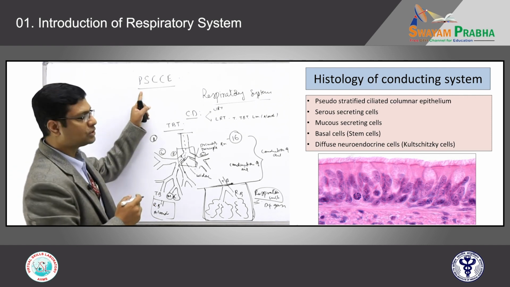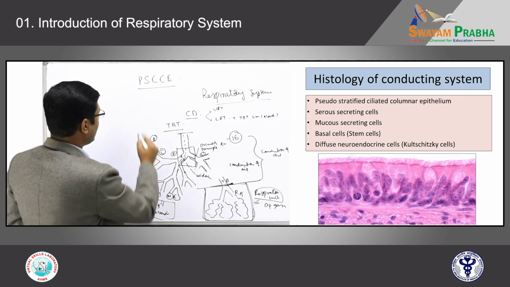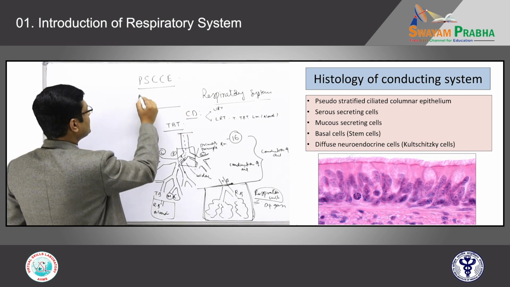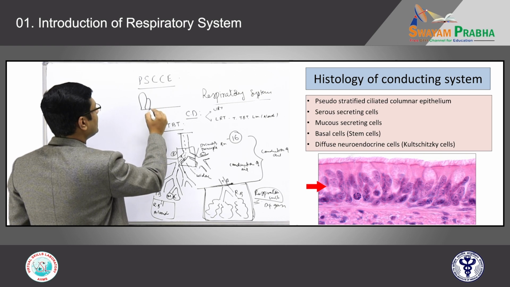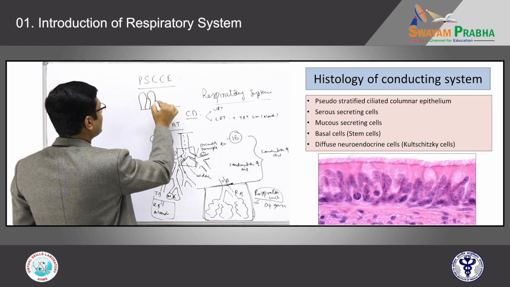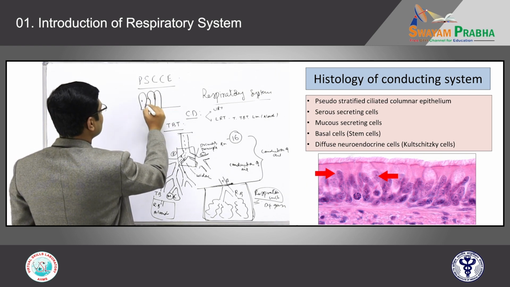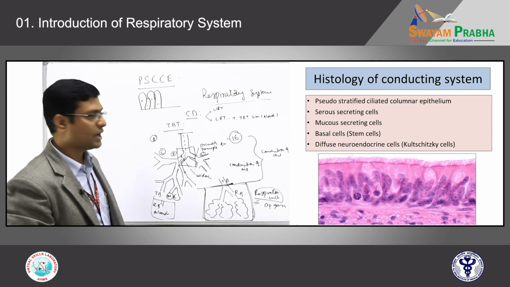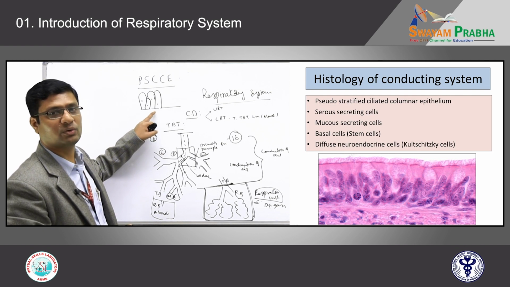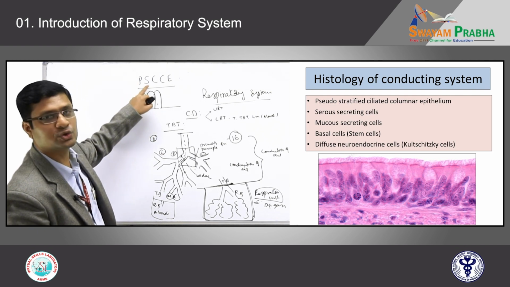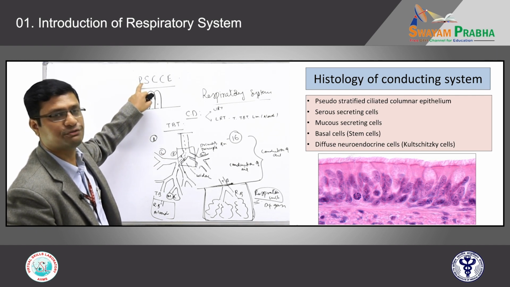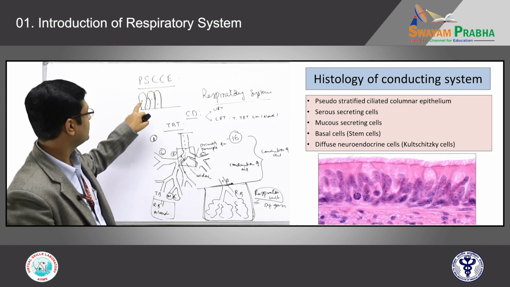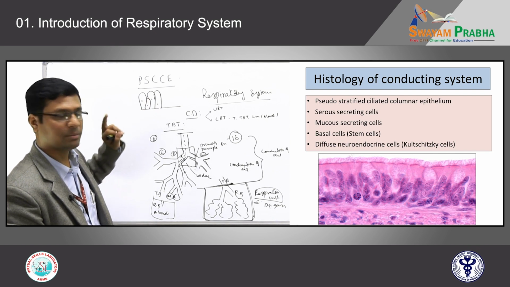You can see the histology picture there. Actually, it is a single layer of epithelium, and the nuclei are placed at different levels. Hence, on microscopy, it looks like there is more than one layer, so we call it pseudo-stratified. Pseudo means false. It looks stratified, but actually it is not. It is a single layer of columnar epithelium.